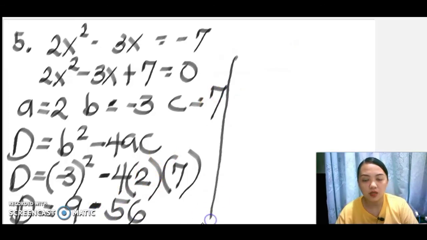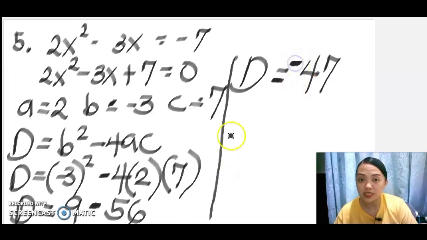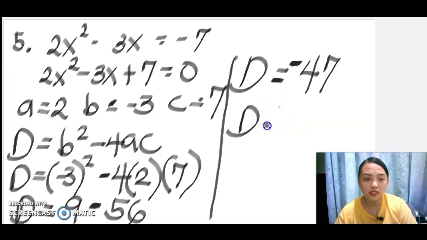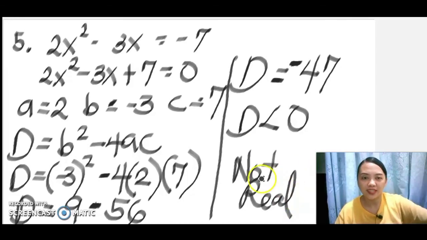So, what is the value of D? 9 minus 56 is negative 47. So, as you can see, negative 47 is less than 0. So, ibig sabihin, yung number 5, yung roots niya are not real. Okay, that's it.